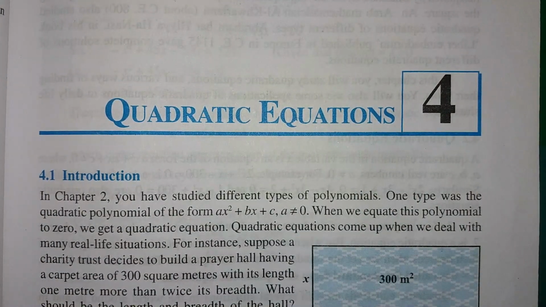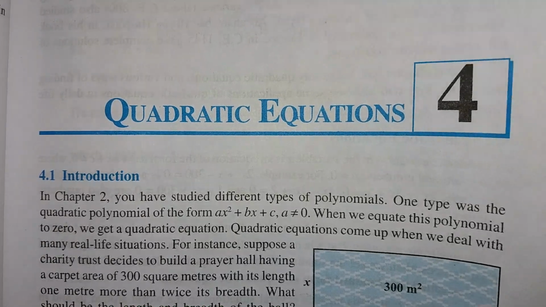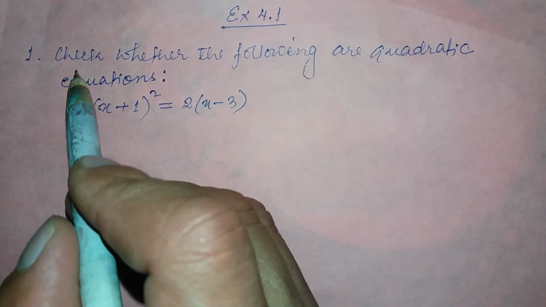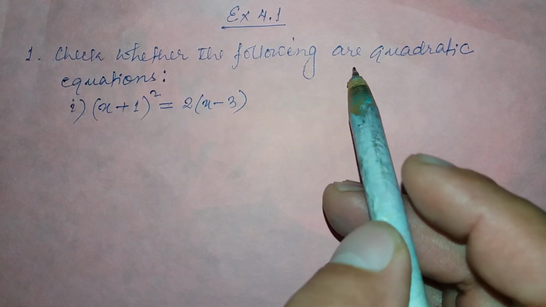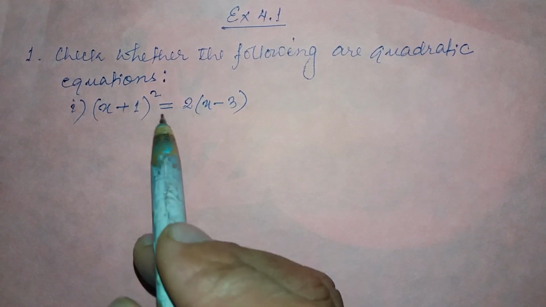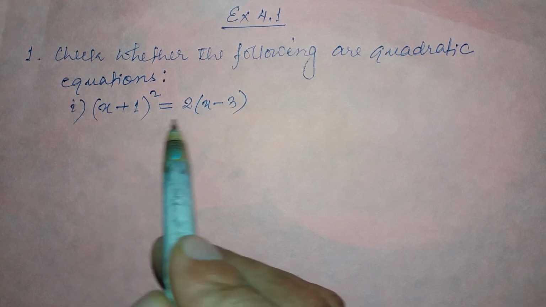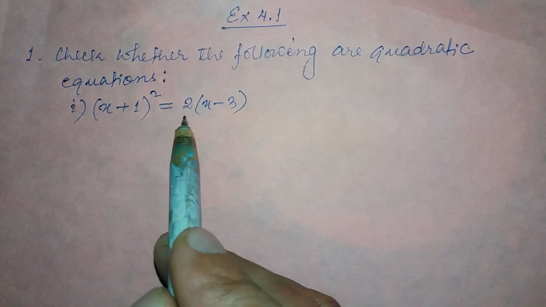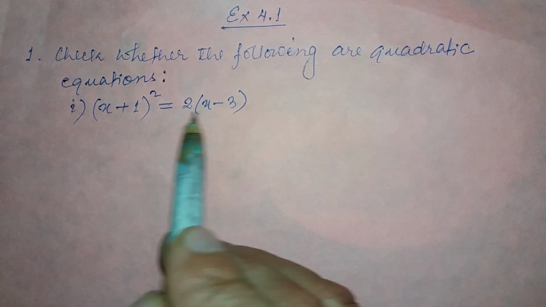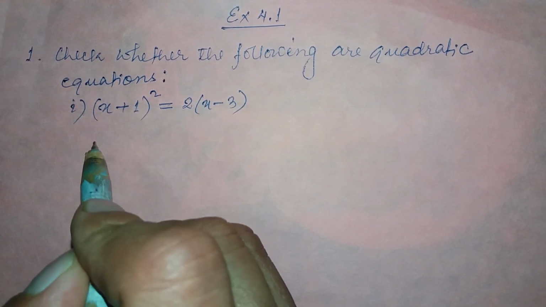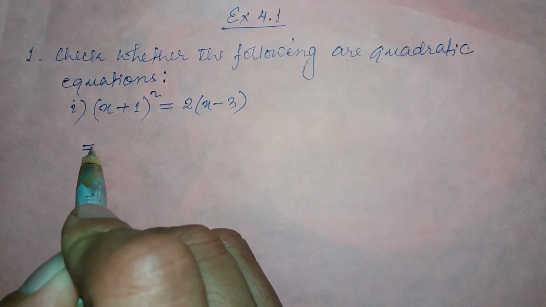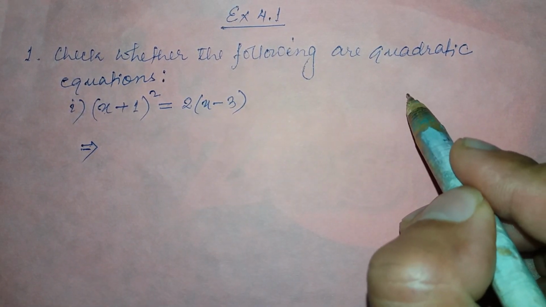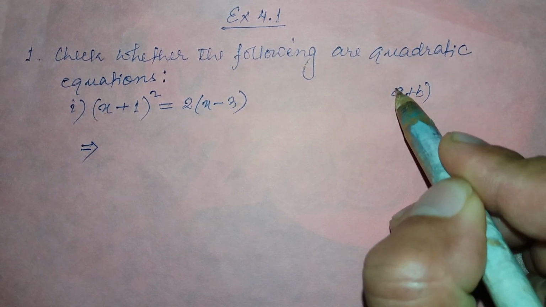Now let's see the first exercise, that is exercise 4.1. This is exercise 4.1 and in the first question we have here, check whether the following are quadratic equations. Now we're going to check whether these given equations are quadratic equations or not. So here we need to first simplify these given equations. So what we're going to do is, now this is (x plus 1) whole square. Now this is in the form (a plus b) whole square.